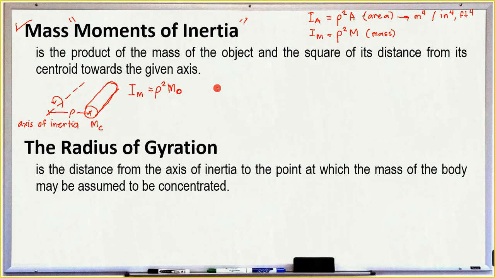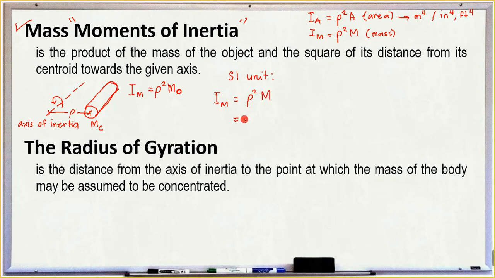Now, to analyze its dimension, of course, since this is a problem for students. So, let's start with the SI unit. We're going to perform dimensional analysis. So again, mass moment of inertia is equal to rho squared times its mass.